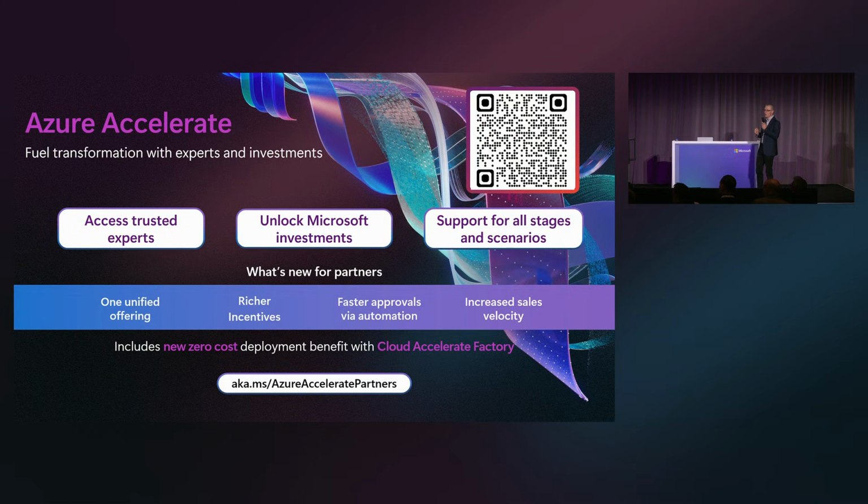It has funding across all stages of AI transformation, from pre-sales through deployment. This is your access to funding, and access to Microsoft experts, such as Cloud Accelerate Factory experts, to help you drive more deals, close more AI transformational engagements, and of course, make your customers happy.